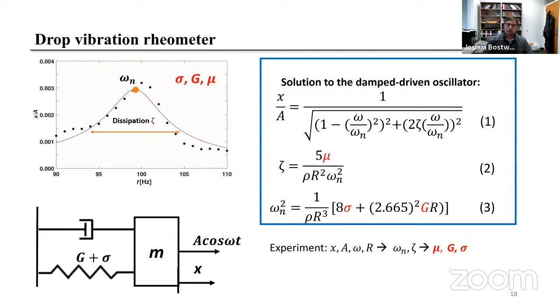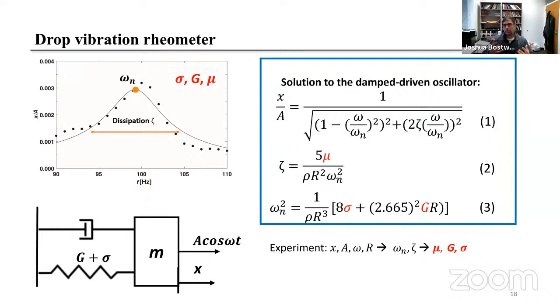Similarly, omega n is the natural frequency, and we associate this omega n with both the surface tension and elasticity as shown here in equation 3.